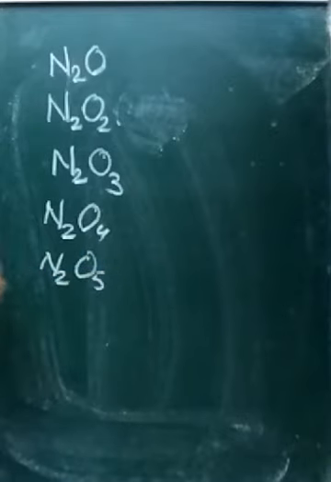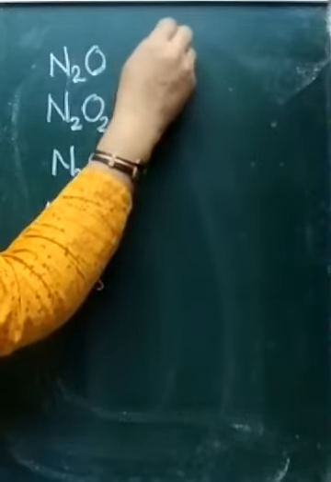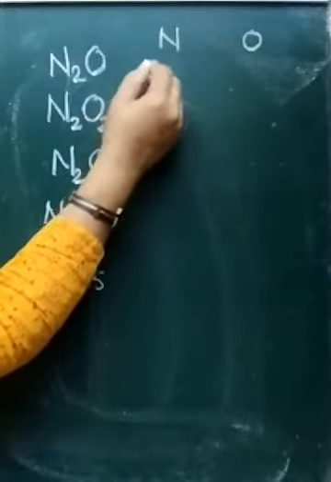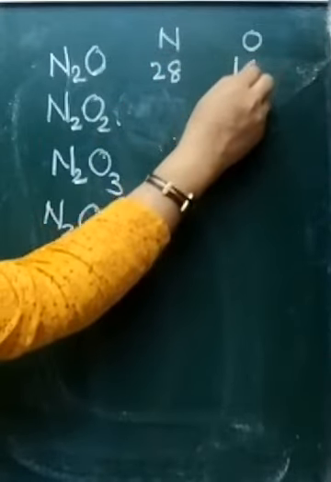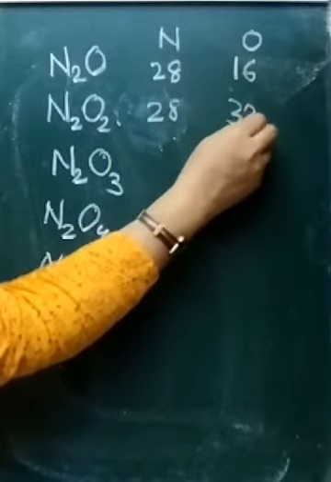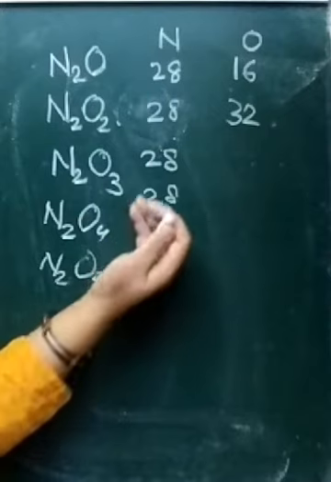Five oxides are formed. If we see the ratio of nitrogen and the ratio of oxygen: 28 grams of nitrogen with 16 grams of oxygen, 28 grams with 32 grams, and 28 grams of nitrogen in every case.